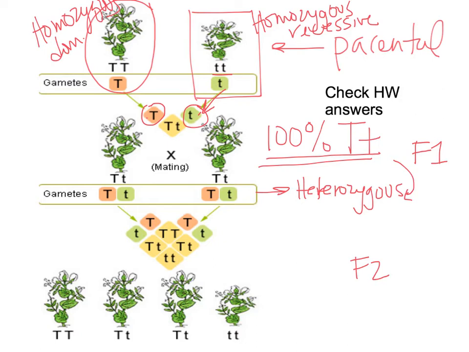Now, if we do this, the only option is to take a heterozygous by a heterozygous. So if this particular plant were to self-pollinate, this is where we start to get our Punnett squares. This particular heterozygous individual has two options in terms of gametes that it can give its offspring.